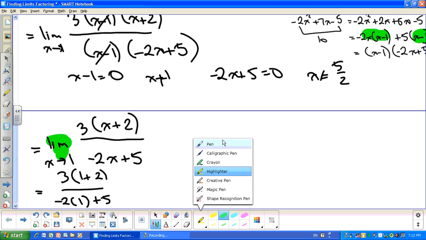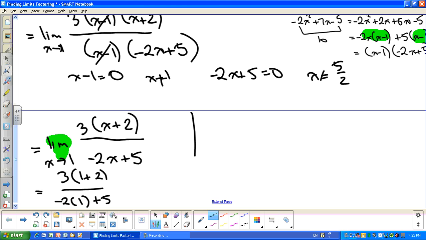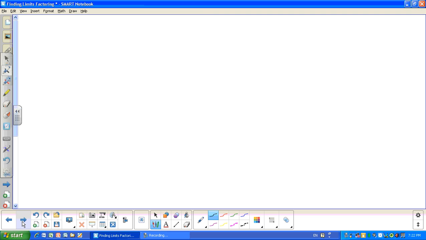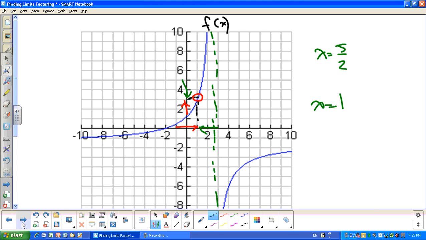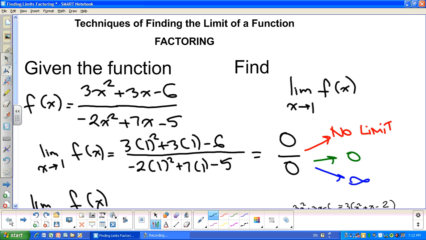I don't need the limit symbol. So this becomes 3 times 3 is a 9 over 3. The limit is 3. What a big surprise. I figured that out from the beginning based on my graph. So there you go. This is the algebraic way to figure that out.